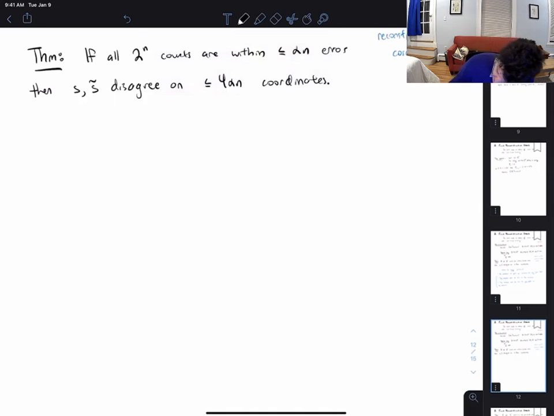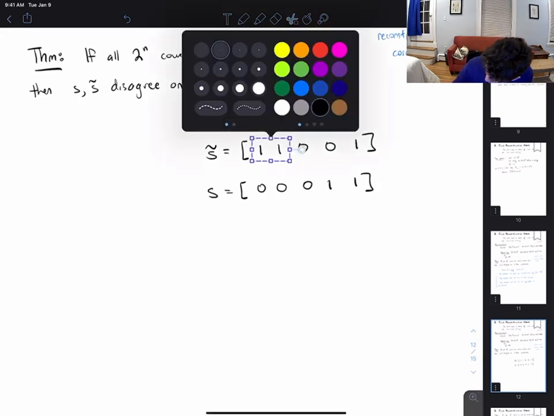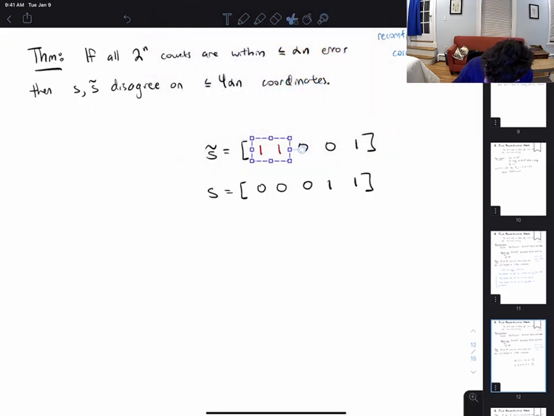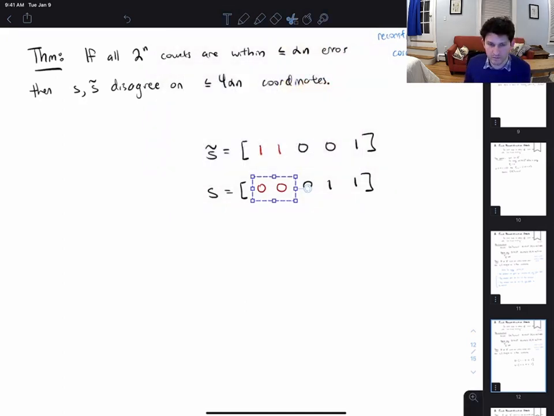Suppose that S tilde and S differ on a large number of coordinates. In particular, there's a number of coordinates, 40% of the coordinates, where S is 0 and S tilde is 1.